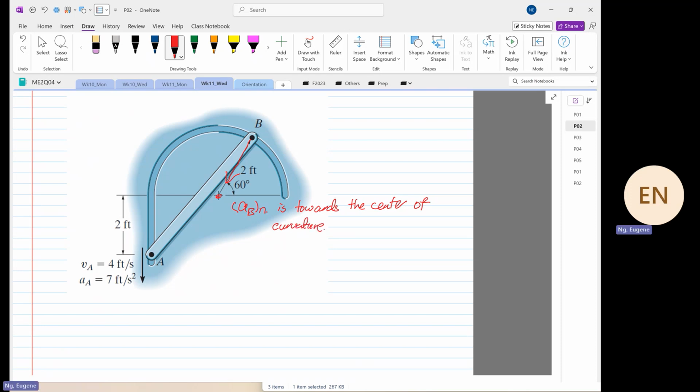Okay, it's not towards point A. I used to make a lot of mistakes. I assumed it to be towards point A, because this will affect your ABN, which is equal to V squared over R. What is the radius to take? So if it's at point O, the radius is equal to what? 2 feet. Are we clear? So that's the most critical component.